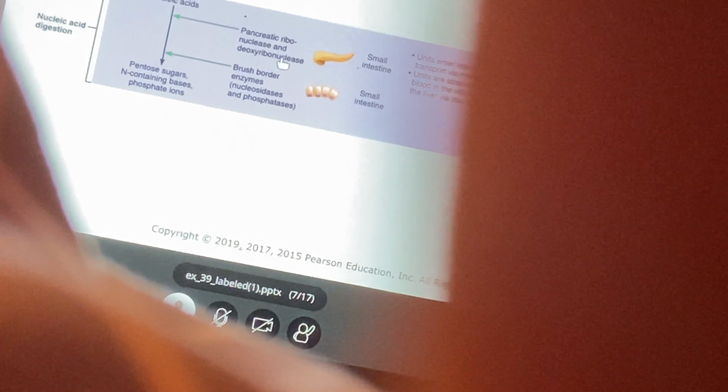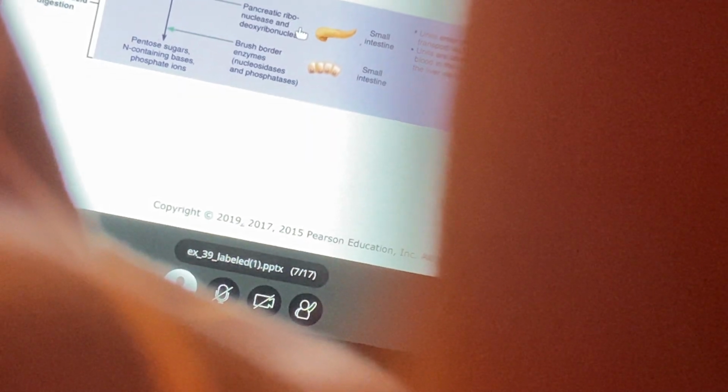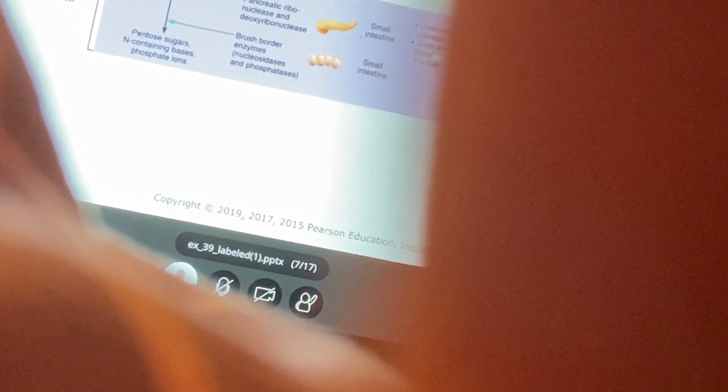For the pancreas, pancreatic ribonuclease and deoxyribonuclease will act in the small intestines. These units will enter the intestinal cells by active transport, moving through the membrane, and then the units are absorbed into the capillary blood, again to the hepatic portal vein. Okay, hepatic portal vein.